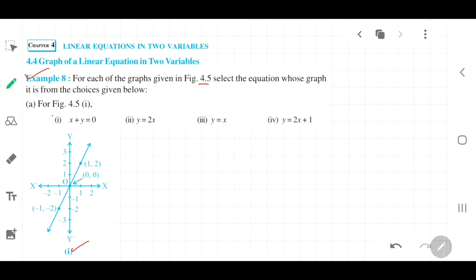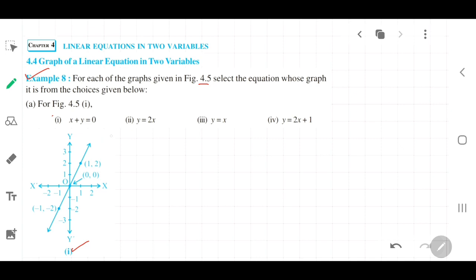Second, y equal to twice x. Third, y equal to x. And the fourth one, y equal to twice x plus 1. Out of these 4 equations, which equation is satisfying the graph of figure 1? Correct? That only you have to find out.